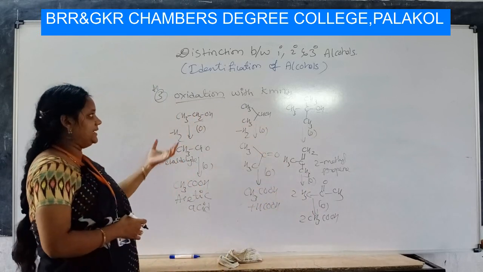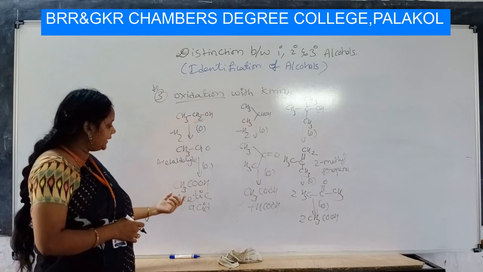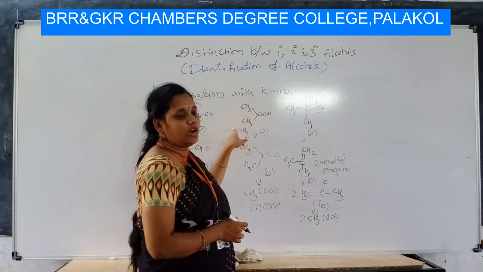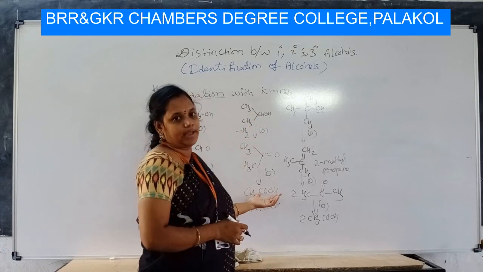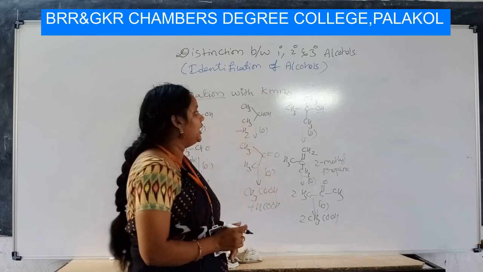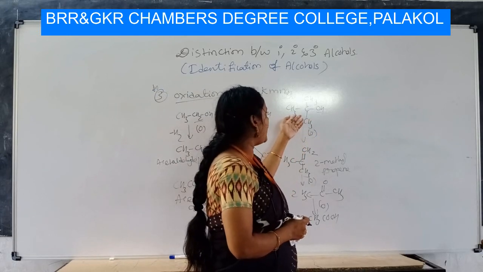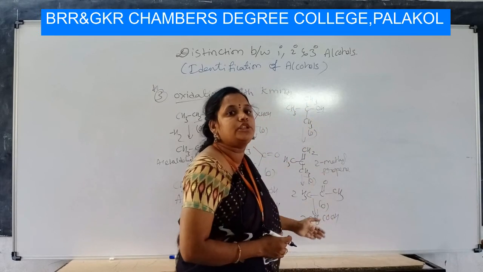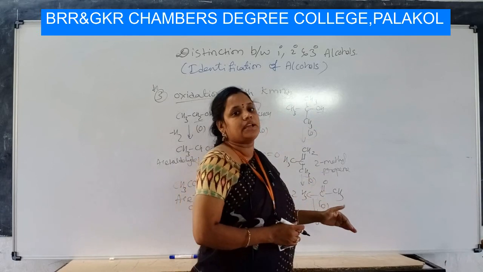What we observe here is that in the primary alcohol the starting reactant has 2 carbons and the product has 2 carbons. In the secondary alcohol we take 3 carbons but the product has only 2 carbons, so we get 1 carbon less. In tertiary alcohols, the reactant has 4 carbons but the product has 2 carbons, so much fewer carbons are obtained in the product.